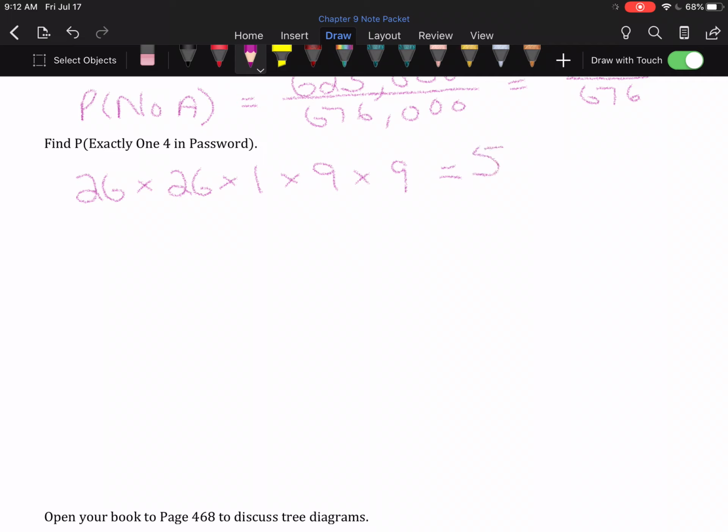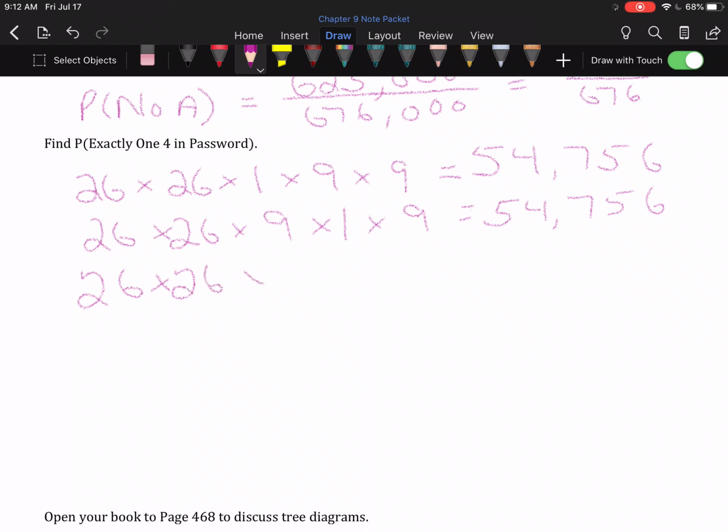That's 54,756. But the 4 doesn't have to be in that first spot. It could be in the second spot, which would shift the 9s around. That's another 54,756 passwords that have one 4 in them. Of course, the 4 could be in the last position as well.